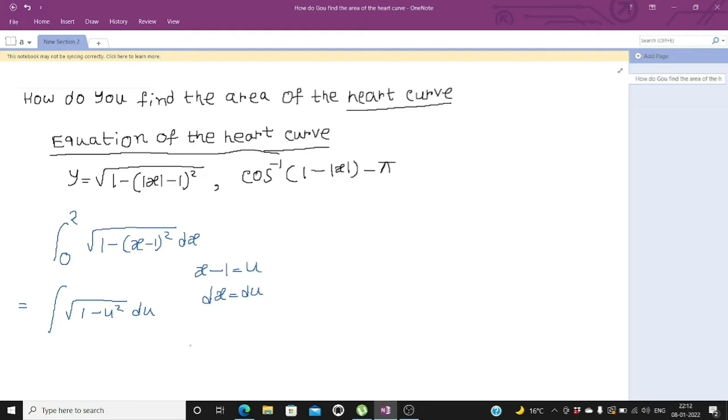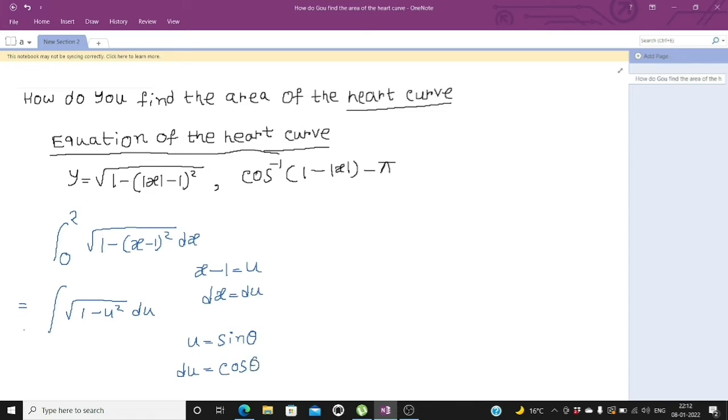We have been doing this type of integration for a long time, and we do this by simply putting u equals sine theta, then du equals cos theta d theta, right?